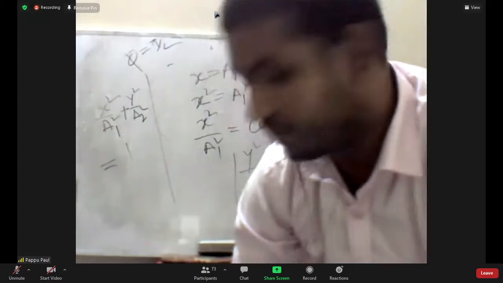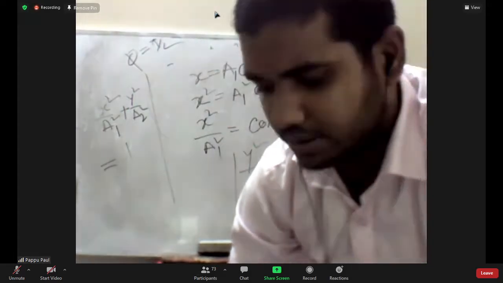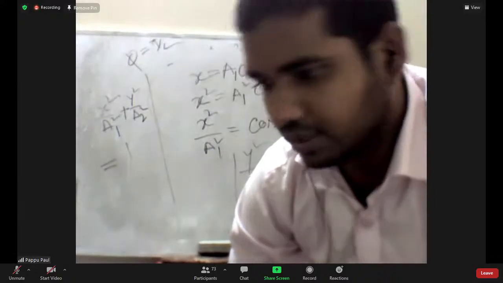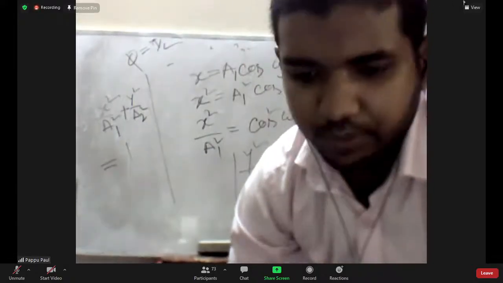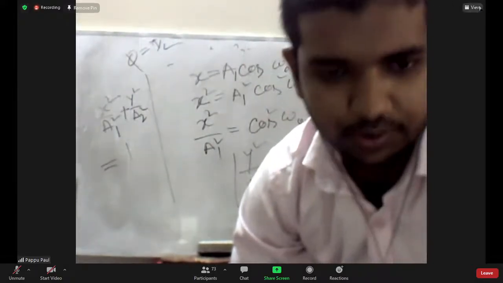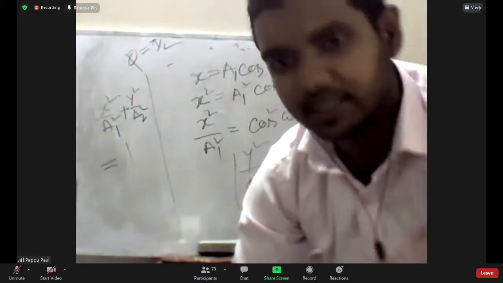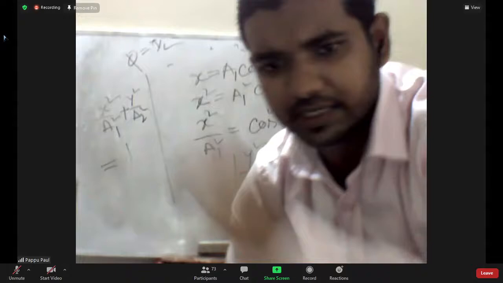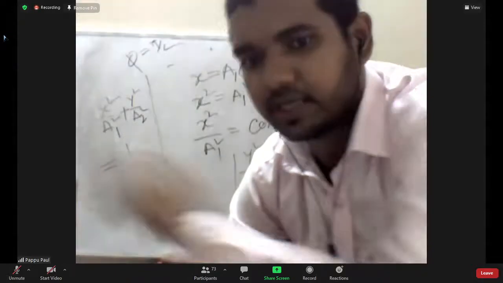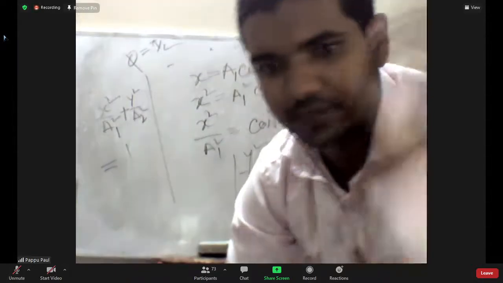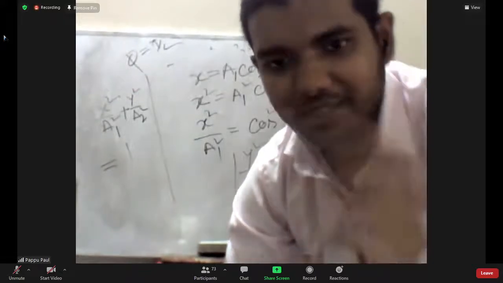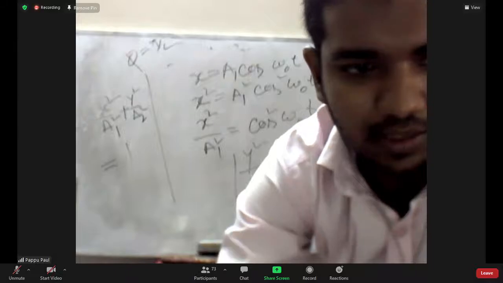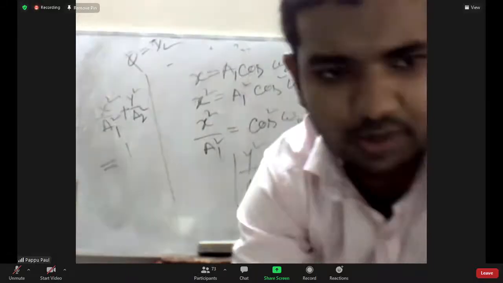If you want to simulate this type of equation, as I already mentioned, in your lab you have to use your oscilloscope. In the oscilloscope, if you give a wave in the x direction and you give another wave in the y direction, then you can see that the graph will be like this on the oscilloscope screen.